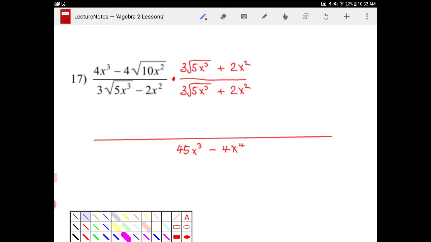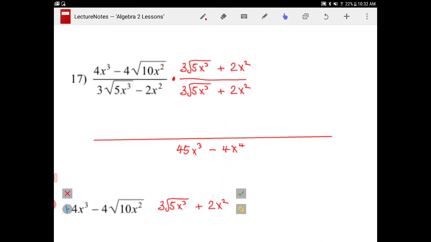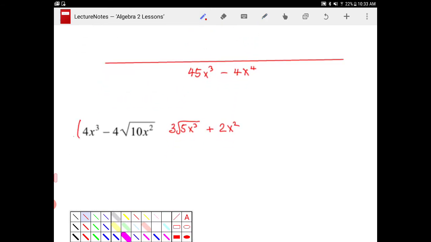And then the numerator, again, that's what's tricky, and where we need to be a little more patient. So we're going to FOIL that stuff out.